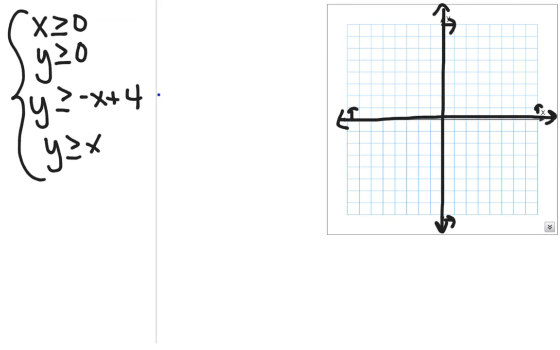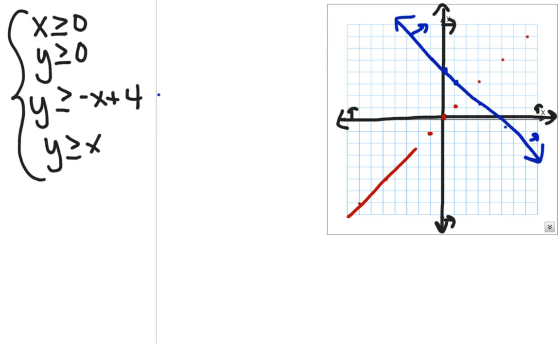Okay, using my next inequality, y-intercept is at 4, down 1, right 1, or up 1, left 1, and again we're going to mark a few points. Try and get our line nice and straight. Since it is greater than or equal to, it is a solid line, greater than is above that line. And last but not least, y is greater than or equal to x, so we have our y-intercept at 0, up 1, right 1, again trying to get some guide points, and down 1, left 1.